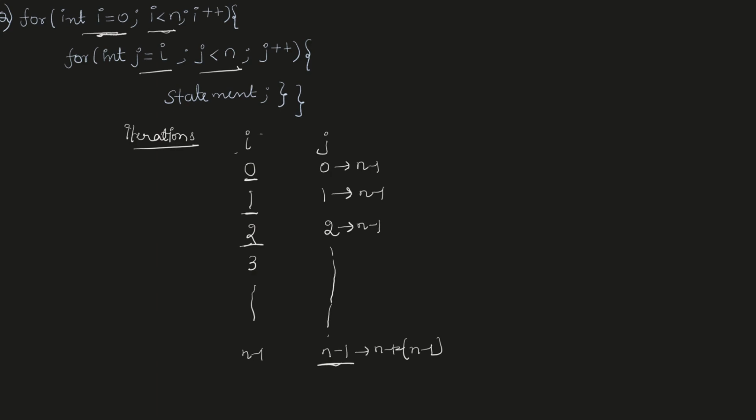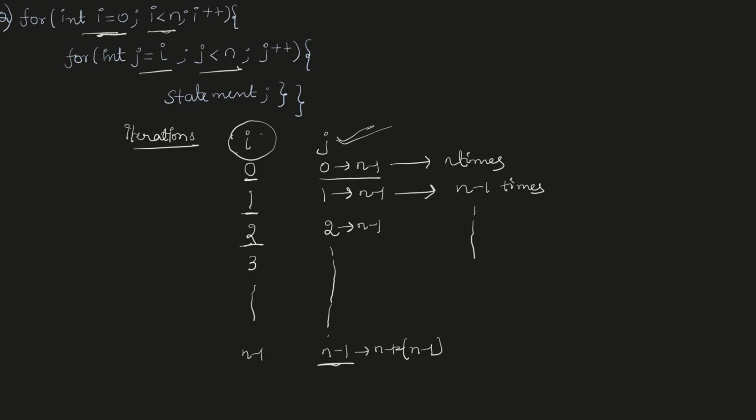So we have to check how many times the value of j runs for every value of I. So here 0 to n minus 1, it runs n times. This runs n minus 1 times.